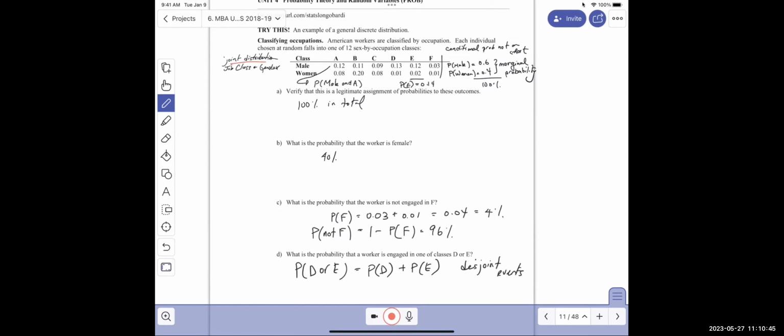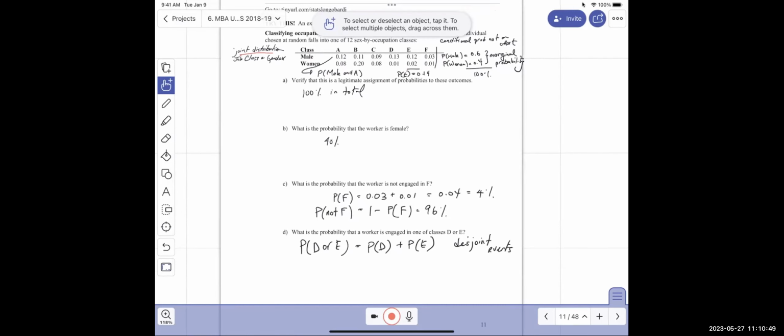The way I've derived this chart of probabilities, the joint distribution, they are disjoint, so I can just add them. D is 14%, and so is E. Looks a little messy.